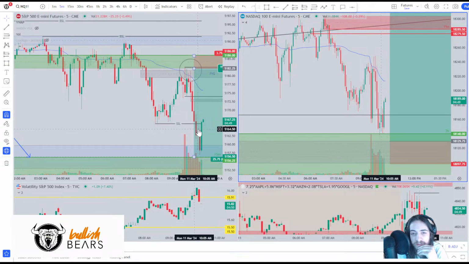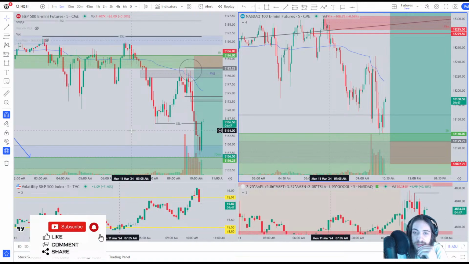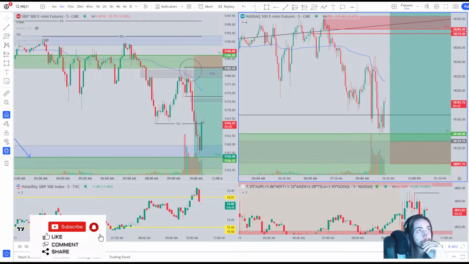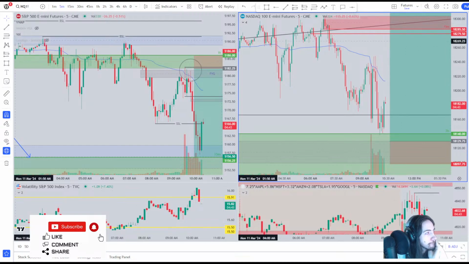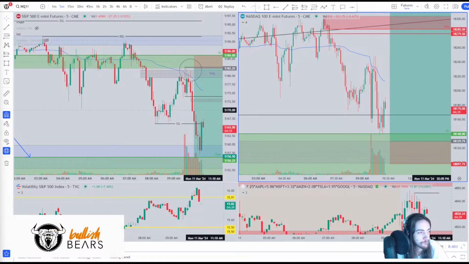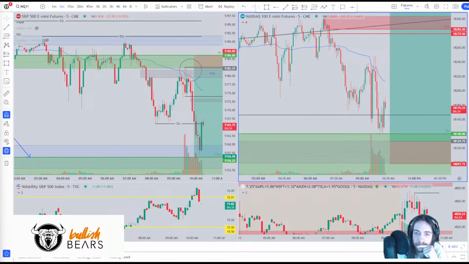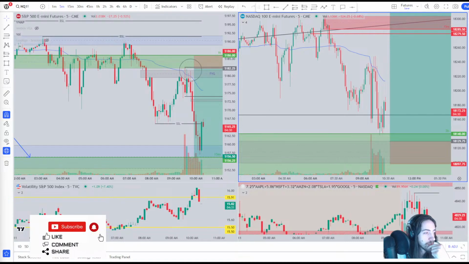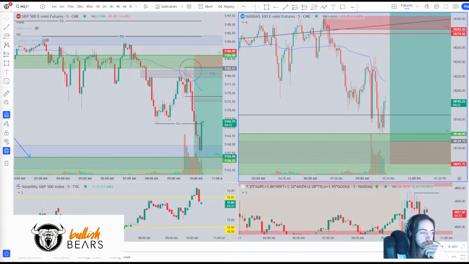We just took out a fair value gap on the 5-minute on ES. I'm gonna enter a short on ES here. Do I really want to enter a short on ES here?